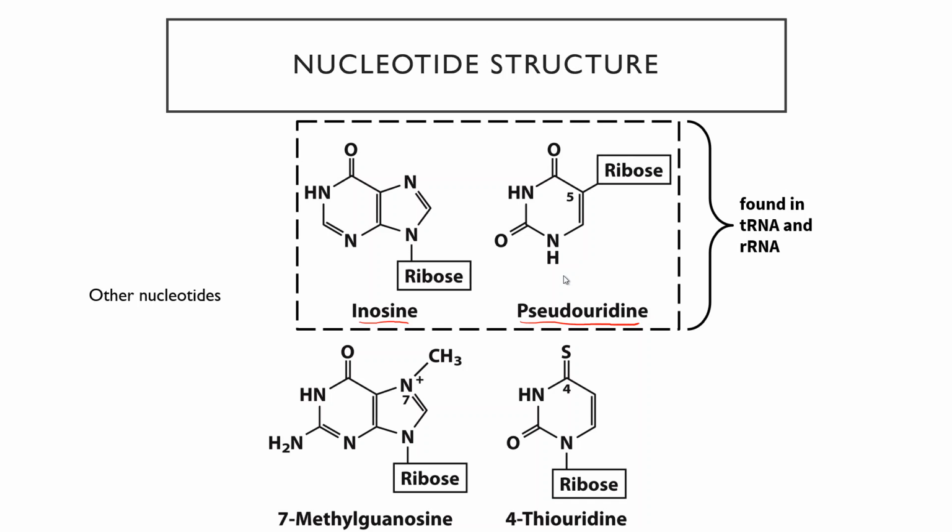And these are important because they are actually found in certain forms of RNA. So transfer RNAs and ribosomal RNAs, which we'll talk about later, can contain these modified nucleotides. And then this is another example. This is another methylated version, methylguanosine. And you can even have sulfur groups attached. So this is thiouridine down here.